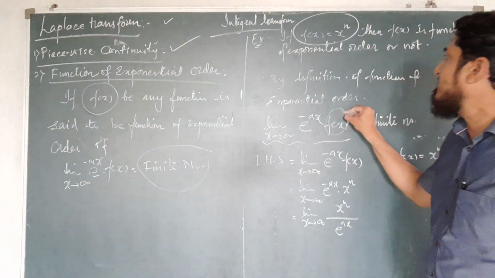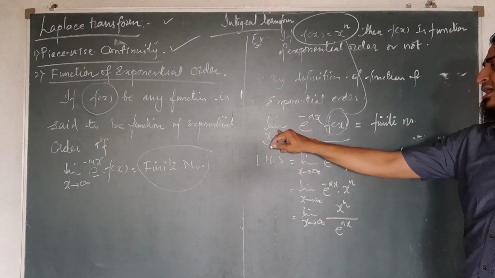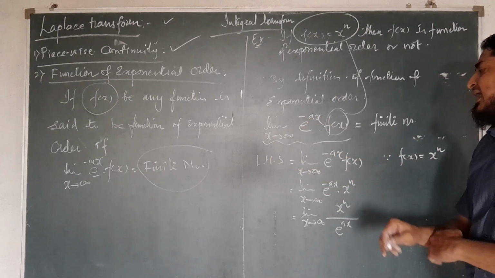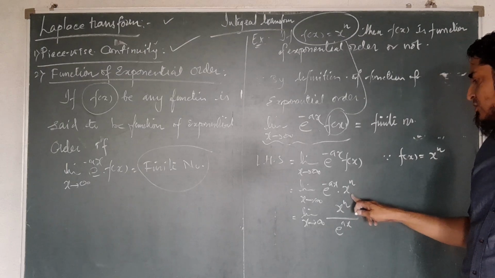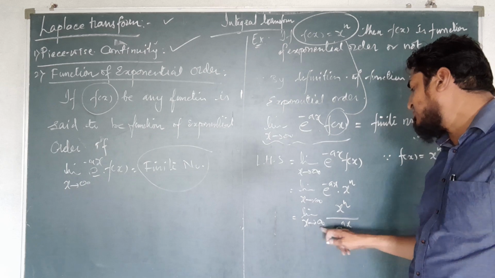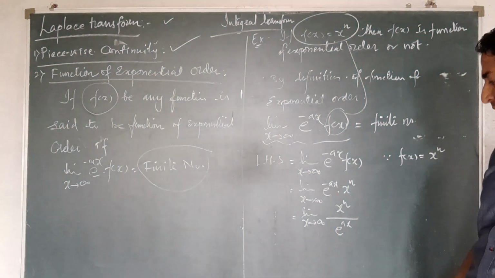Since f of x is given, which is x raised to n, if we take the limit as x tends to infinity of e raised to minus ax into x raised to n, we can write this as the limit as x tends to infinity of x raised to n upon e raised to ax.